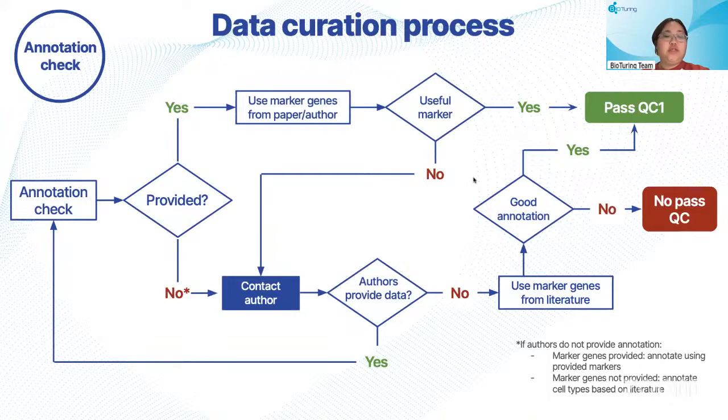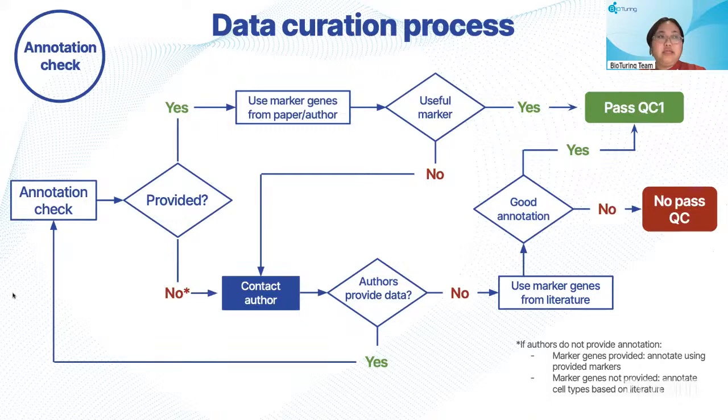If the annotations were not provided, then we'll contact the authors again to ask whether there is any way they can provide us with detailed cell barcodes with annotation. But sometimes there is no annotation provided.